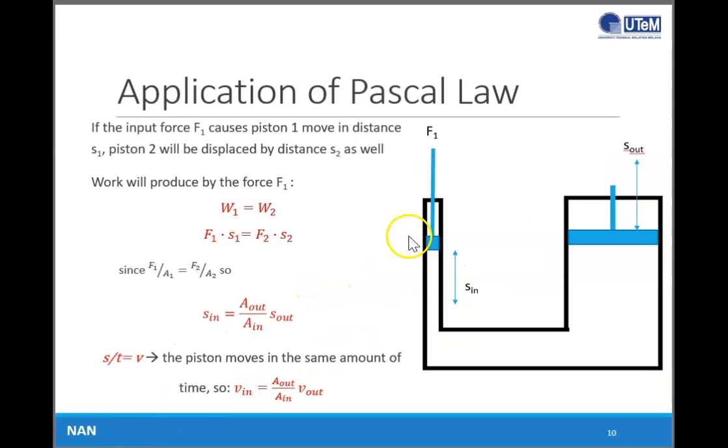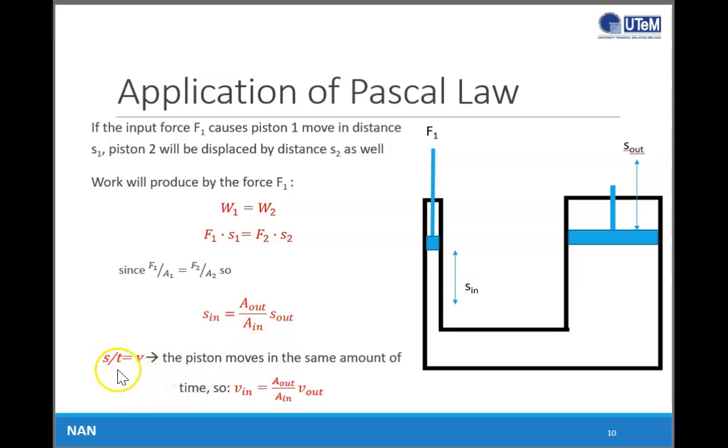Since P1 equals P2, work is also the same: work 1 equals work 2, and we get F1 times S1 equals F2 times S2. Since F1 over A1 equals F2 over A2, we get S input, the distance input, equals area output over area input times distance output.